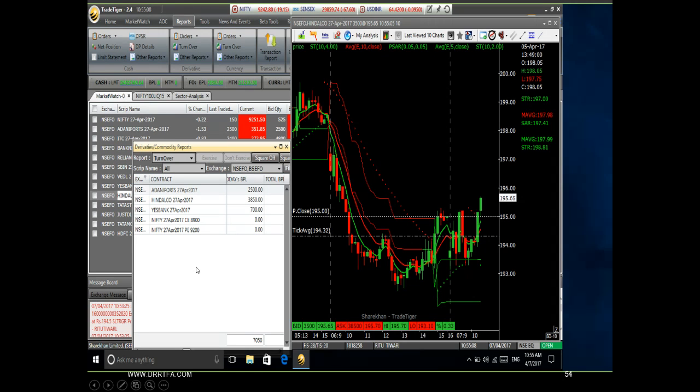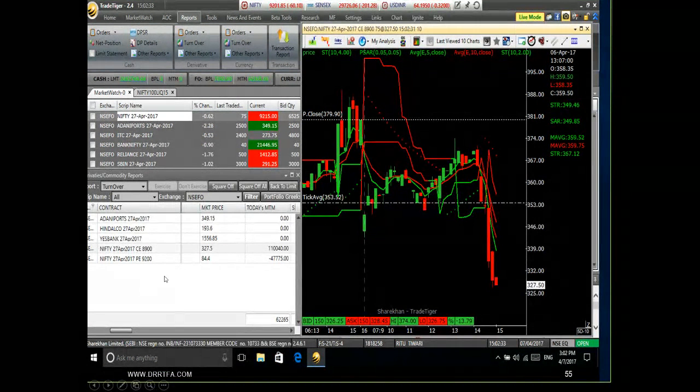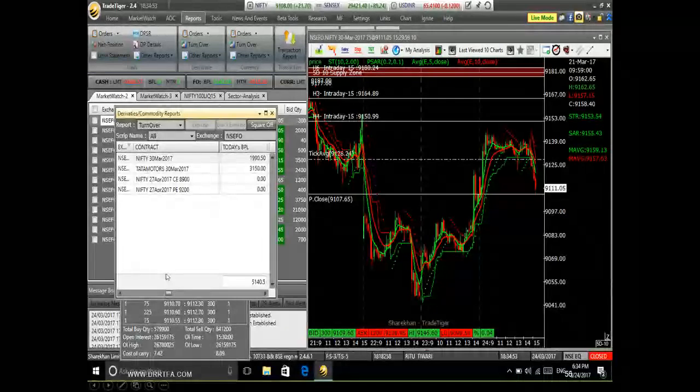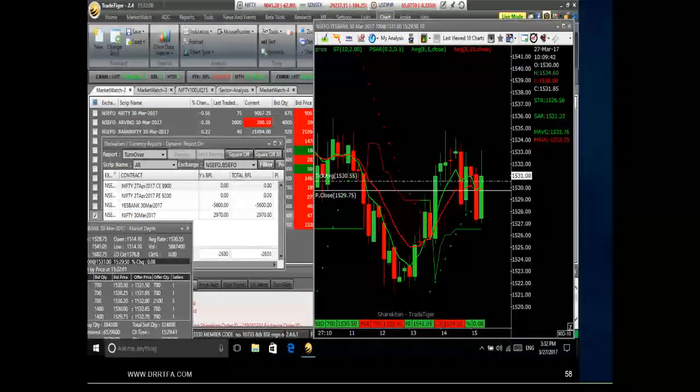Someday you would have days like this, 62,000 in the Strangle of Nifty. Someday you can have just 5,000 in Nifty and Tata Motors. Someday you have a loss of minus 4,500 in Nifty Strangle. Someday you have a loss of minus 2,600.